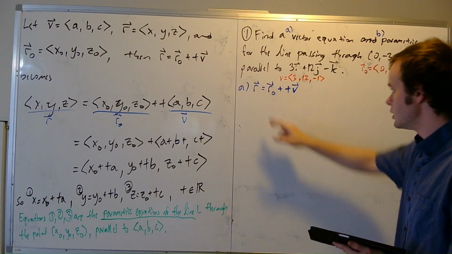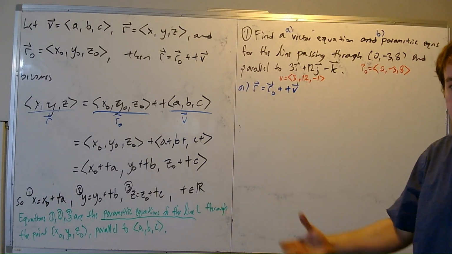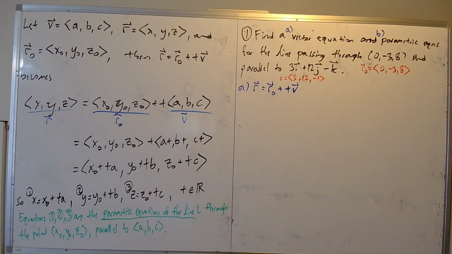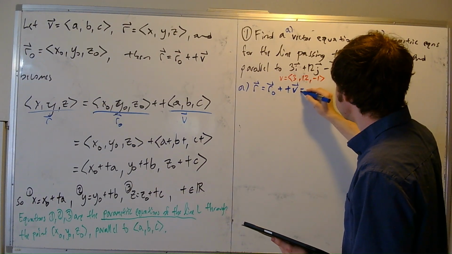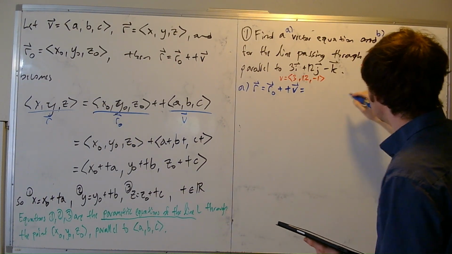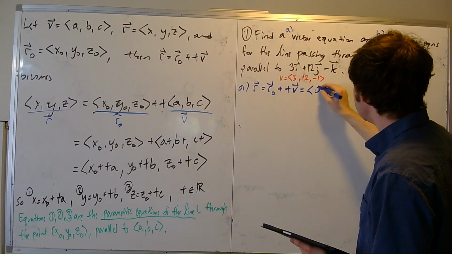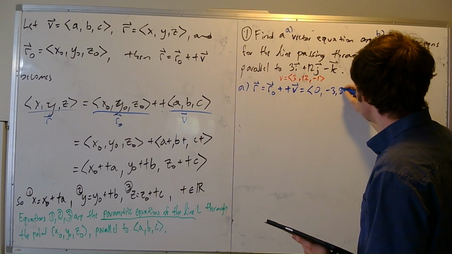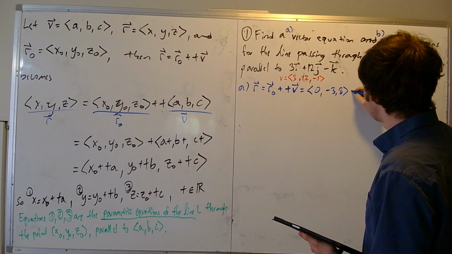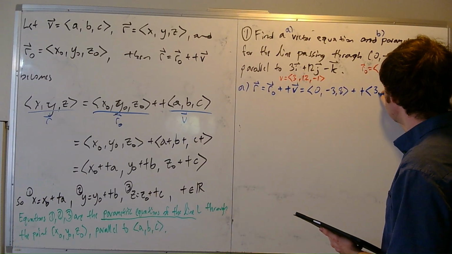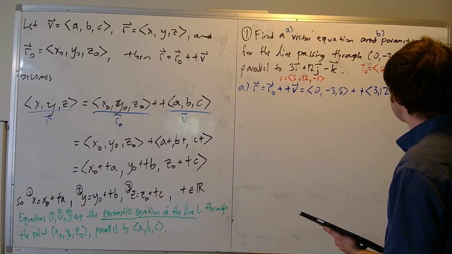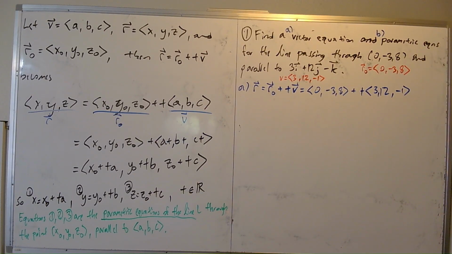So we're going to get an equation for r, and remember r is the way that we find all of the different points on the line. So that's why it's important. Let's just plug in what we know. We know r0 is <0, -3, 8>, and we have t times v, which is <3, 12, -1>. Now we just have to add these together.